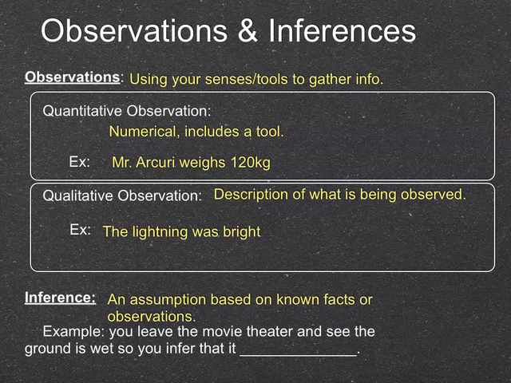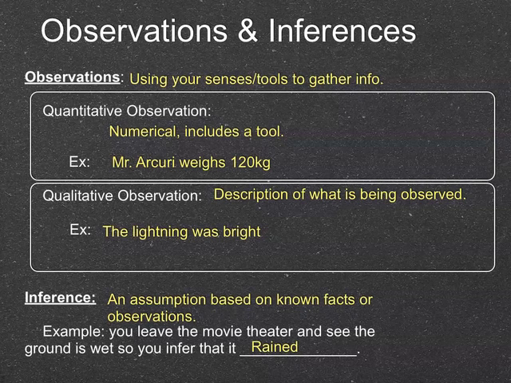But if you see the ground all wet, you might make that inference. And it may be true, maybe it's not. Maybe there's another reason the ground's all wet, but that would be a valid inference. Maybe someone spilled soda. Could be there's a fire and the fire truck put enough water all over the ground. Well, if there was a fire, we would not have that effect. So anyway, an inference is an interpretation of what you observe.